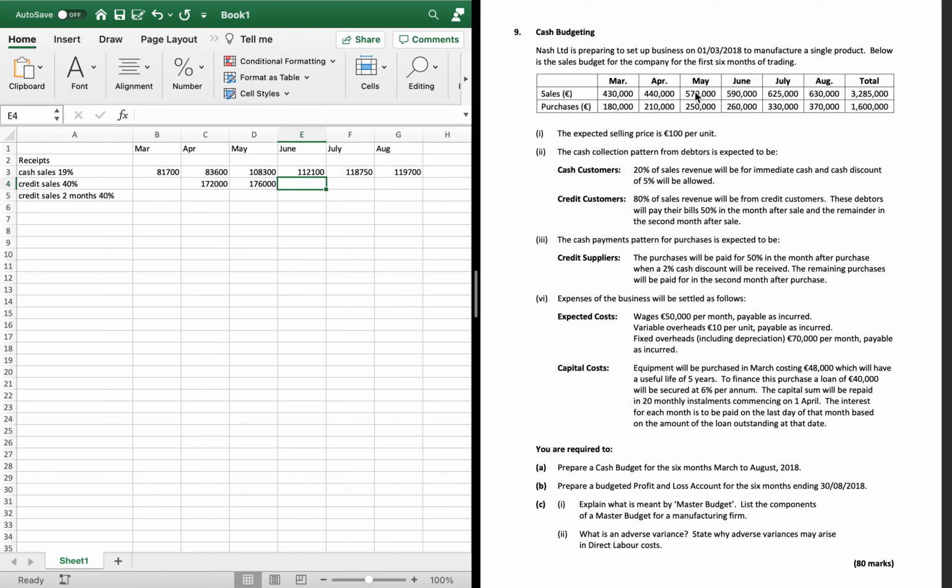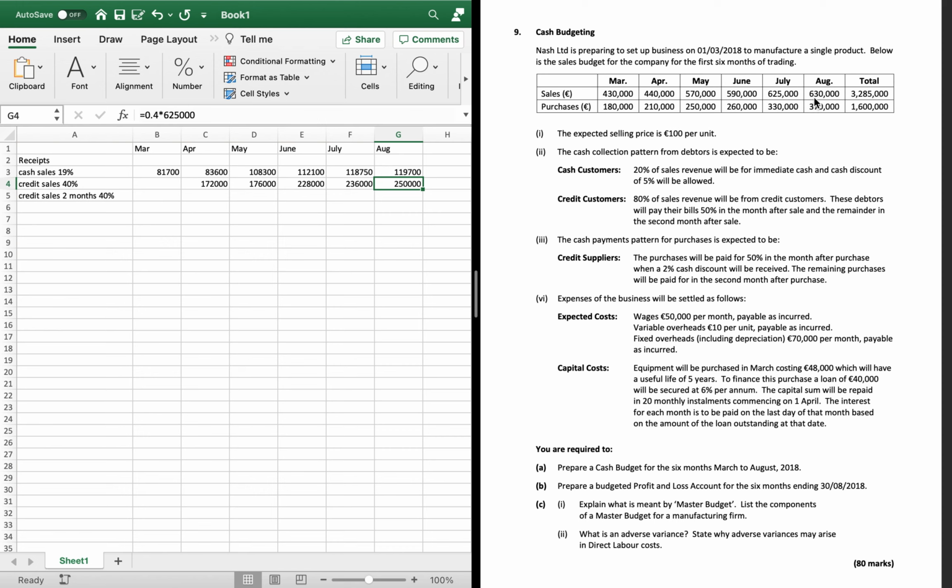We move on to the next one. So 40% of 570 from May will be collected in June. That's 228. June will be collected in July. So 590, 40% of that is 236. And then July's 625 is 250.